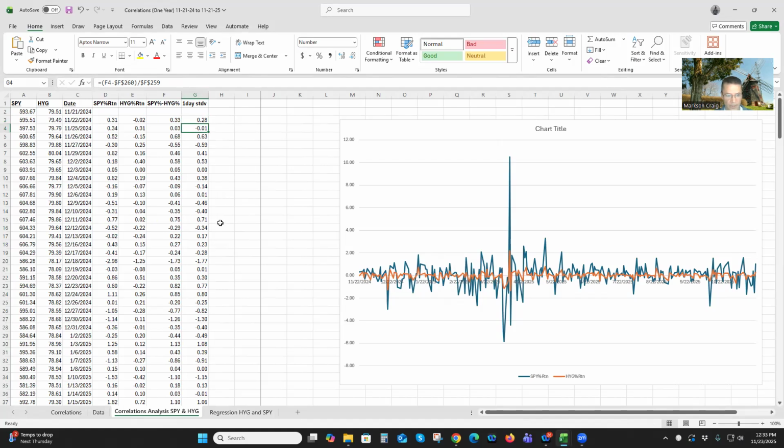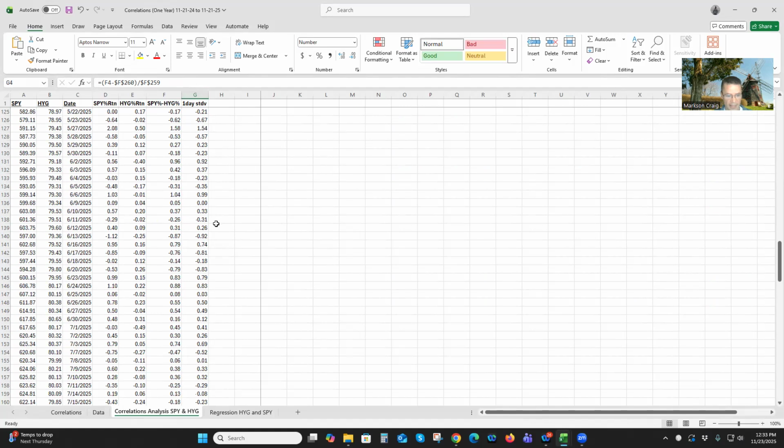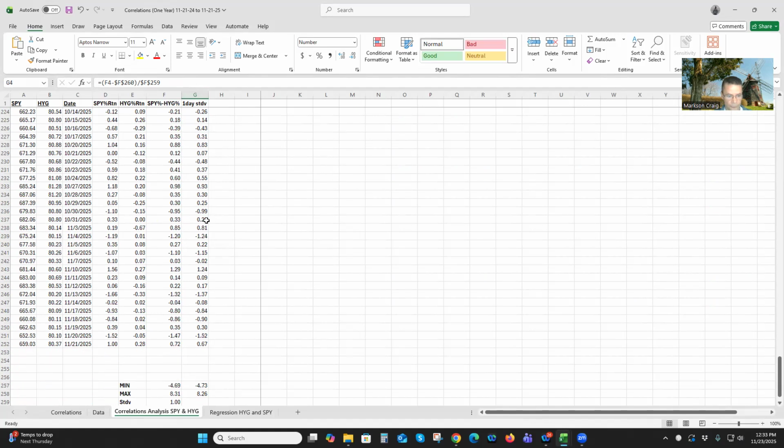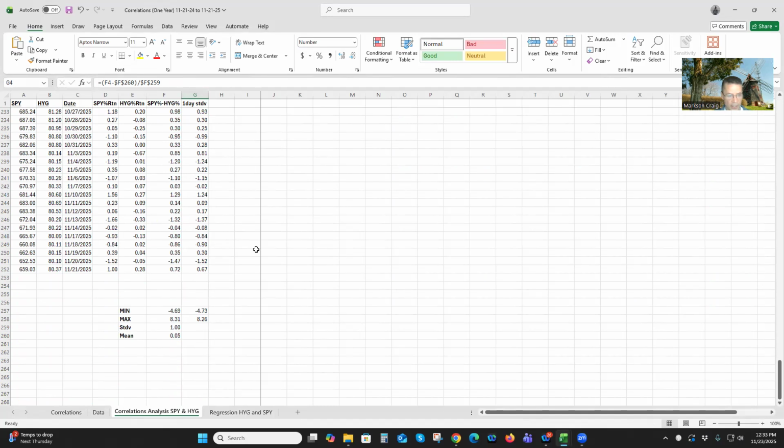Okay. So let's look at some recent trading activity. And by the way, these are the closing prices I'm dealing with of these securities over a year. So on Thursday, the 20th of November, it predicted that SPY was undervalued relative to HYG by about 1.47%.